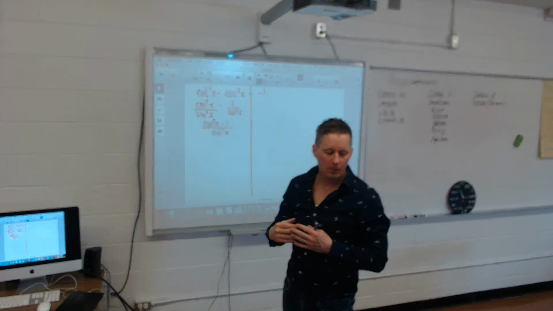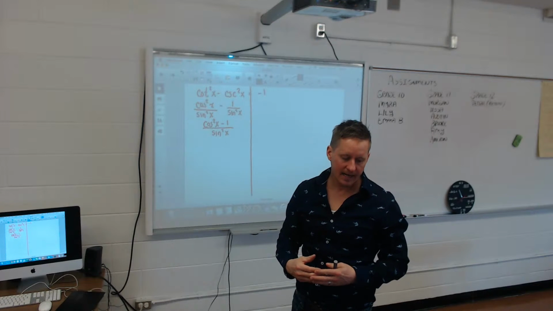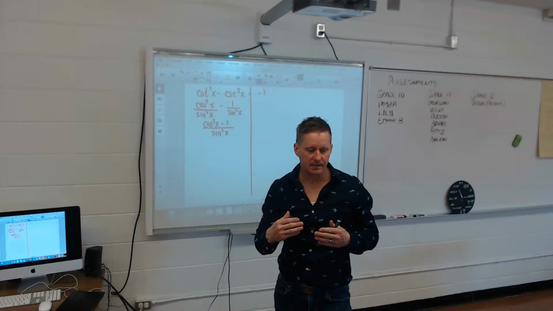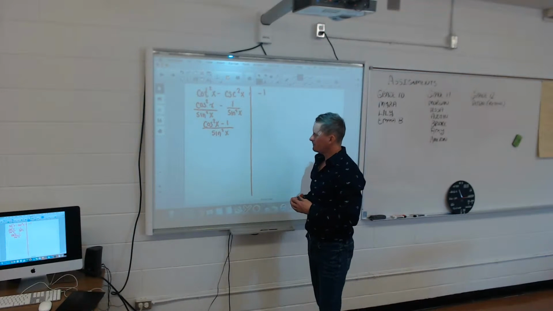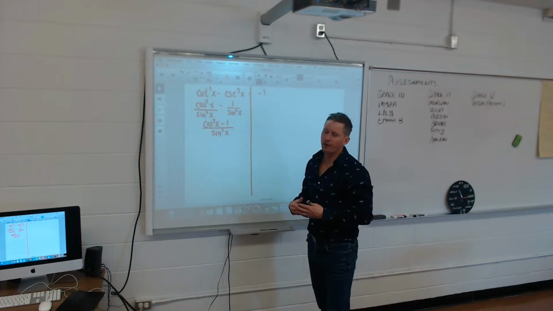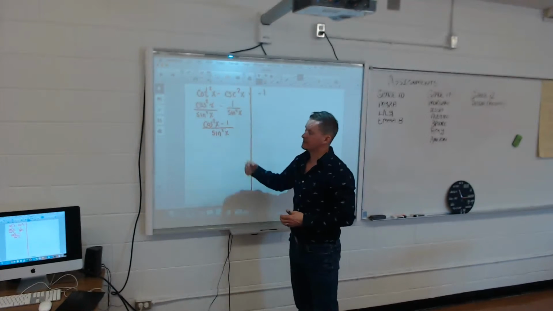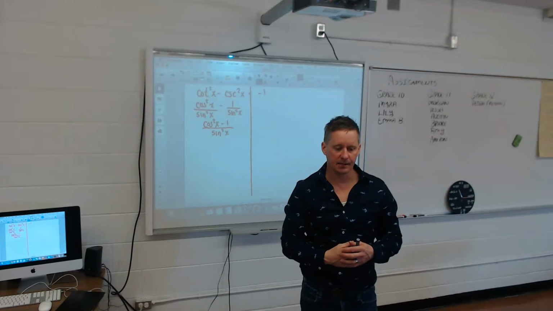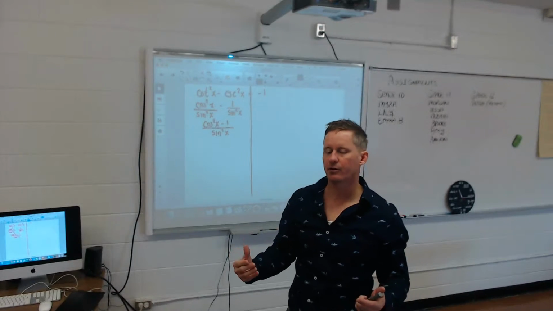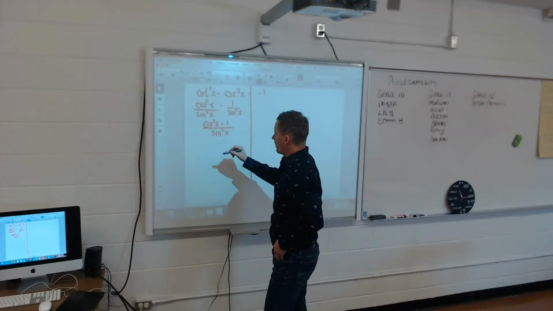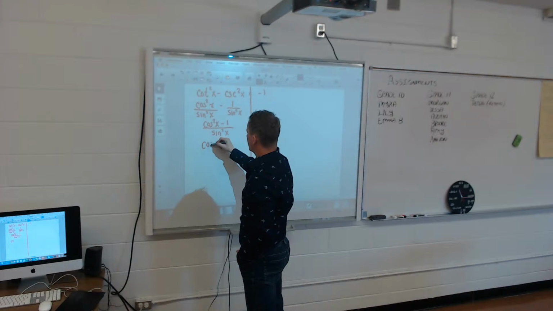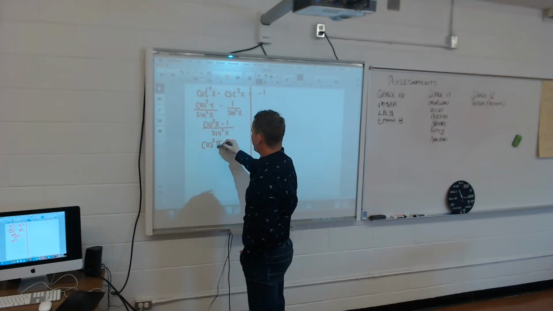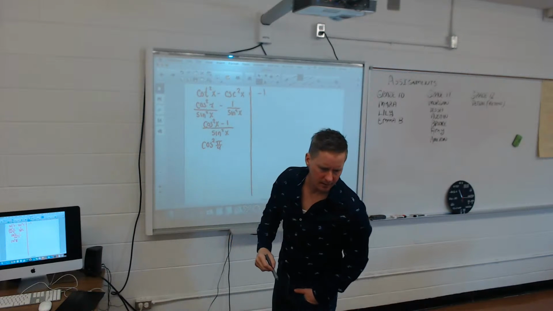When you do identities, this is probably the easiest thing for most people: break it down into sine and cos, because those are the values from the unit circle that I should know. So now I put in this. I've got cos squared pi over 4, right?